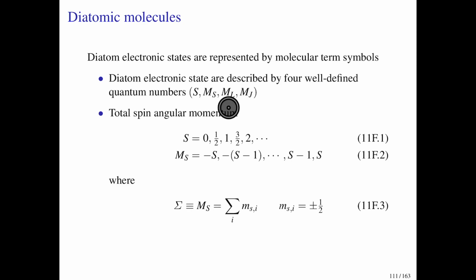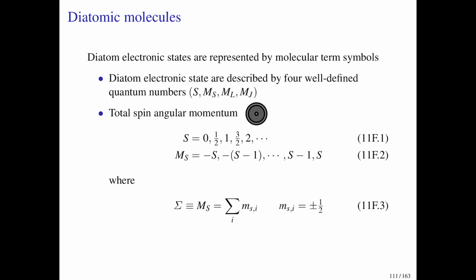In a diatom, the z-axis is the bond axis, and so when I'm talking about the z component of the orbital angular momentum, I'm talking about the angular momentum of the electrons moving around the bond axis, so kind of revolving around this cylinder.